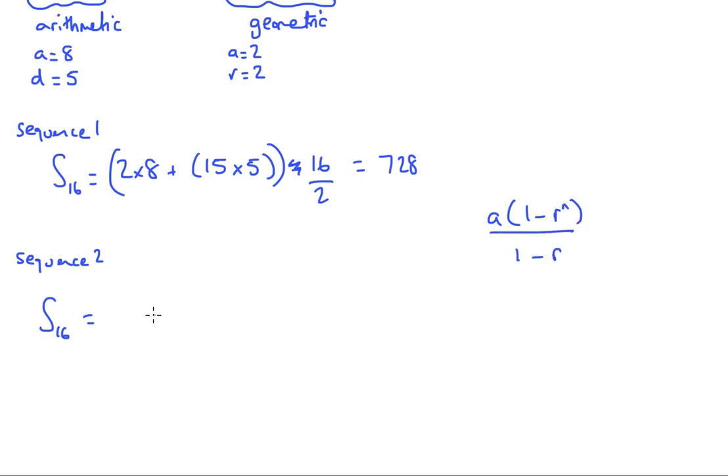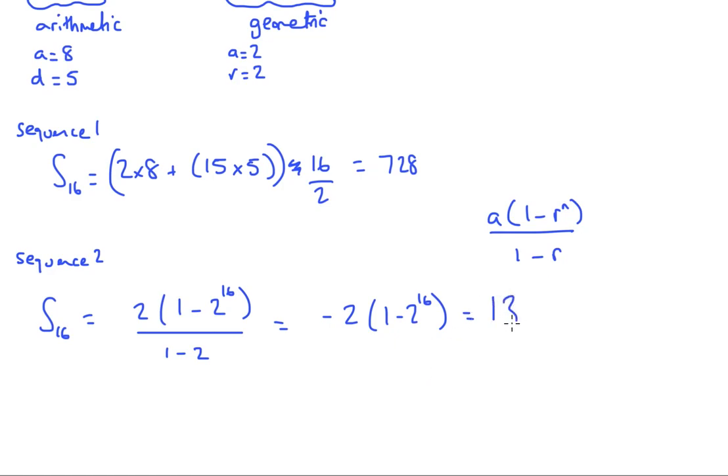So a is 2, r is 2, n is 16, over 1 minus 2, which is just going to be divided by minus 1. So timesing by minus 1, so that's going to be minus 2 times 1 minus 2 to the power of 16. So work that out as well. This one's going to be big.